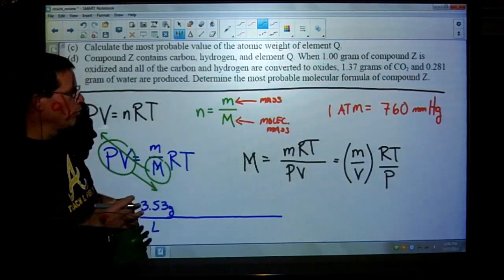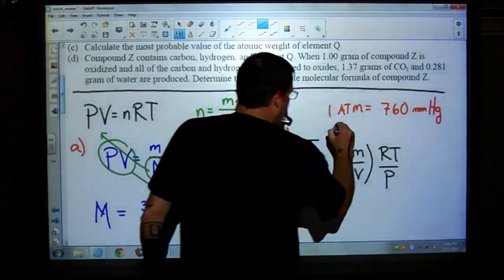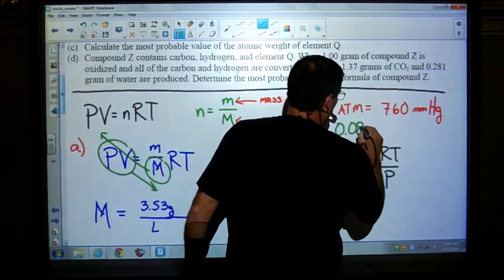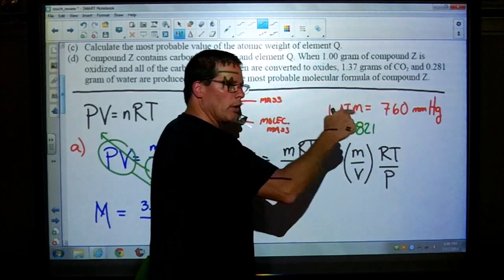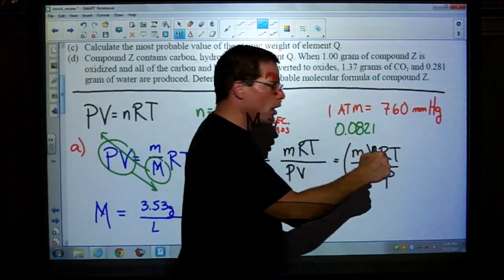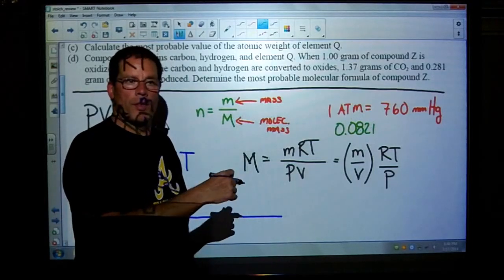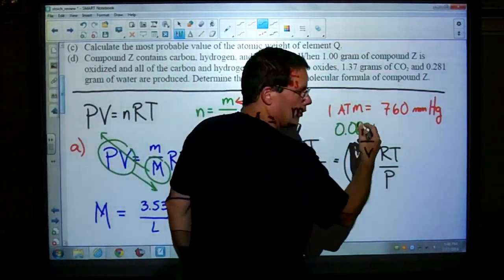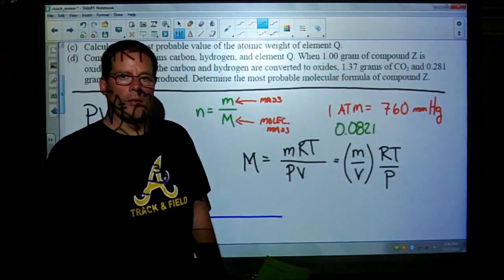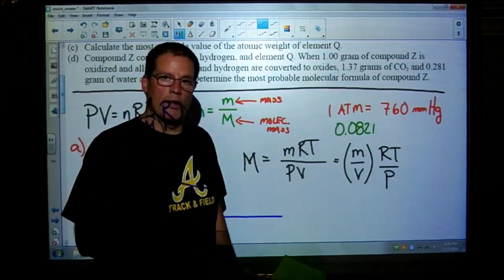We are used to the R value that is 0.0821, and that's atmosphere liter per mole Kelvin. You're also familiar with the 8.315, that is the kilopascals, but we don't use kilopascals in AP chemistry, so we're not going to use that one.